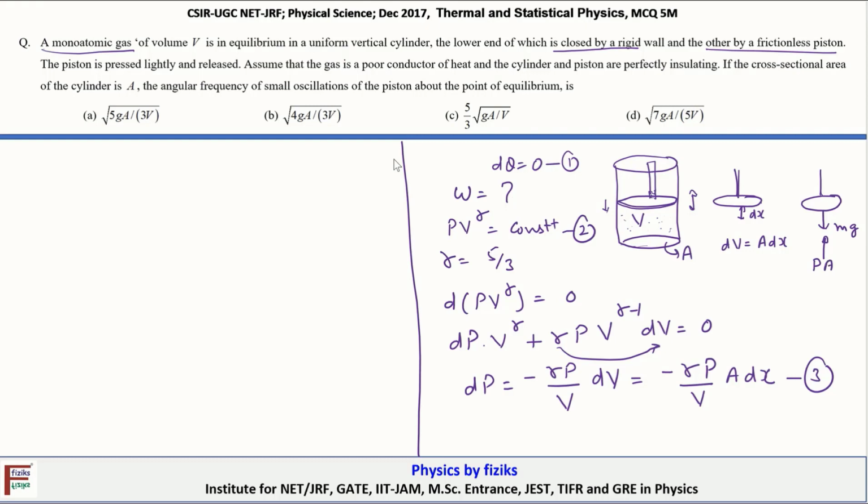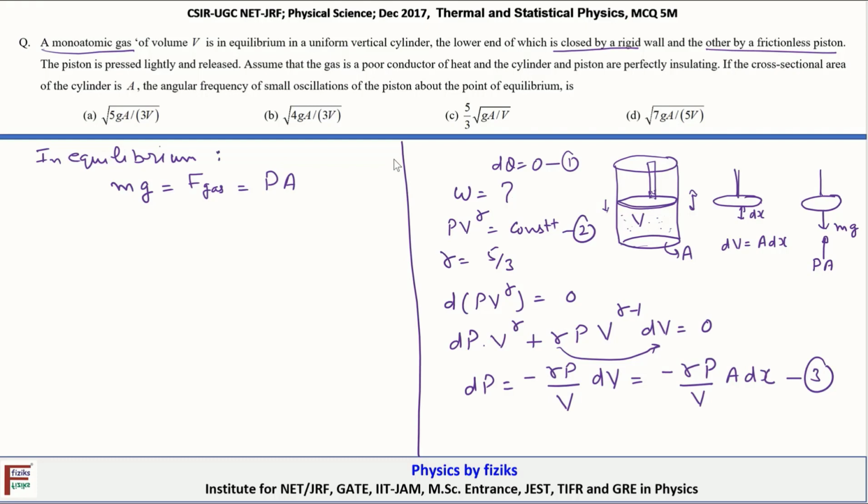So in equilibrium, we can write the weight of the piston is equal to the force exerted by the gas in the upward direction, which is nothing but the pressure exerted by the gas multiplied by the cross sectional area. Okay, but this is valid in the equilibrium situation.